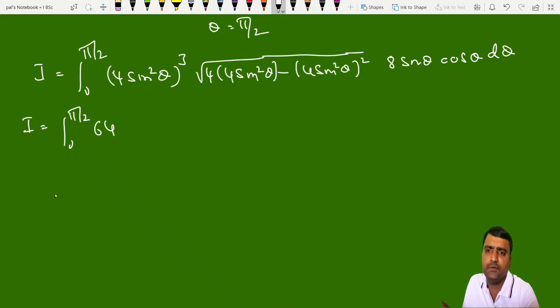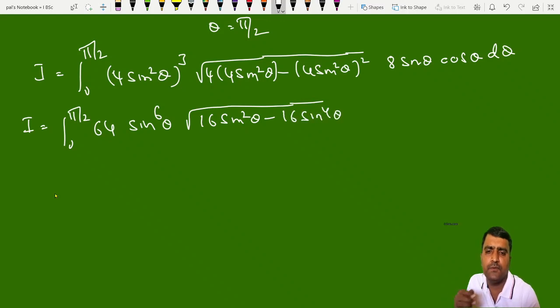Sin square theta to the power 3 is sin to the power 6 theta, and this is square root of 16 sin square theta minus 16 sin to the power 4 theta, into 8 into sin theta cos theta d theta.